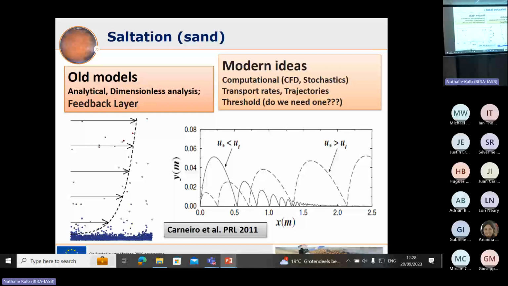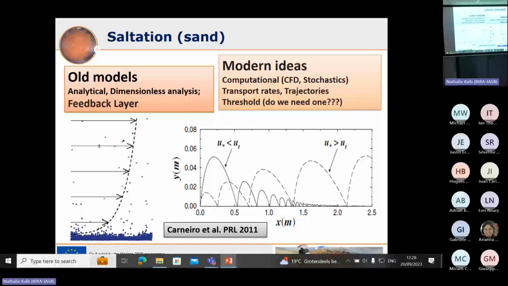So this is to demonstrate that there is a kind of change over the past 10, 20 years in the way people are modeling saltation, so sand transport.